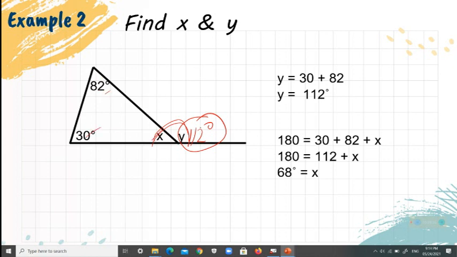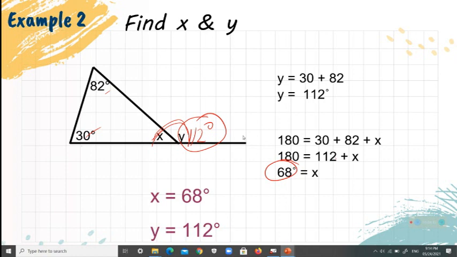So that's why these three angles will be equal to 180. Okay? So by addition property of equality, then you will obtain here 180 minus 112 is equal to x, which is equal to 68 degrees. So again, our x is 68 degrees and our y is 112 degrees.